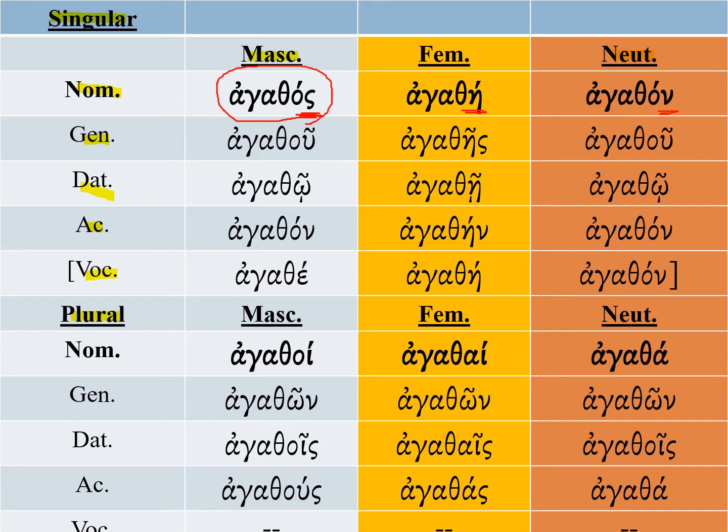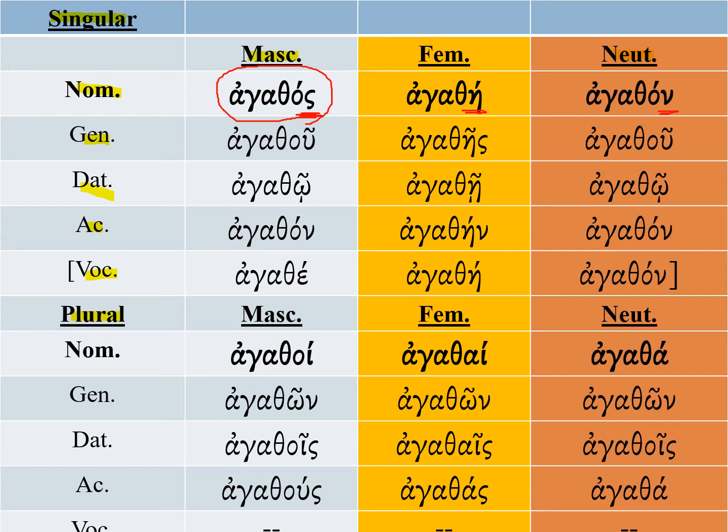Notice all of those are different nouns, because remember a very important thing. Nouns can only have one gender, right? So logos is always a masculine word. He graphe is always a feminine word, and to ergon is always a neuter word. So nouns do not switch back and forth between genders.